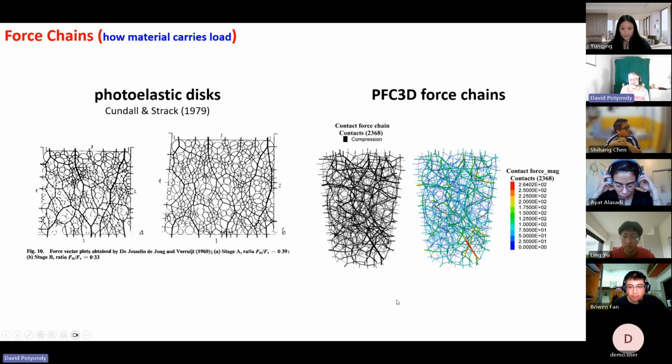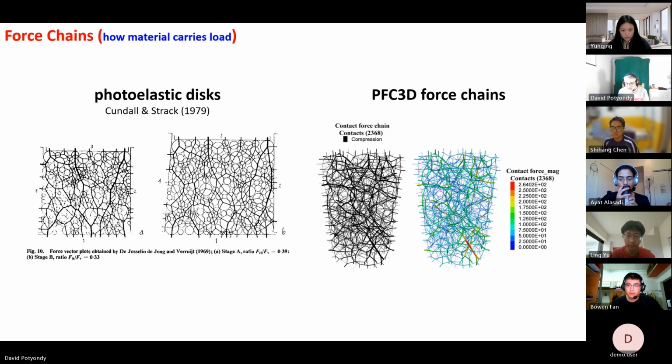Okay, and so these are the kind of things that people are always looking at in PFC models to gain deeper insight into why the system is behaving as it is. Okay, this is the reason the model makes sense, because it produces these force chains just like real material, and it also is quantitatively producing the same sets of force chains, and that's what controls everything.